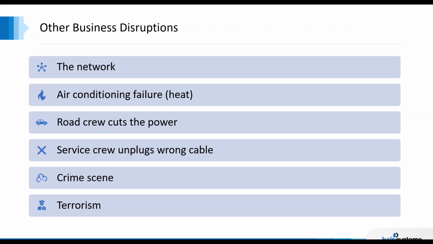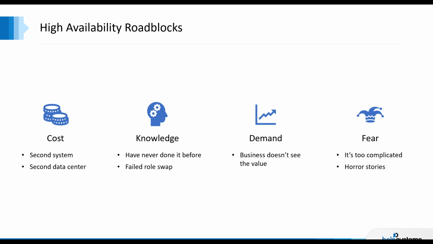So that's 6 disruptions in 30 years, or 1 every 5 years. I've also encountered all the human errors that were on Chuck's earlier slide. Again, I'm not an unlucky person. It is going to happen. So purely using the law of averages, your business will suffer from 1 or more of these going forward. So I guess the takeaway on this slide is do whatever you can to mitigate that risk.